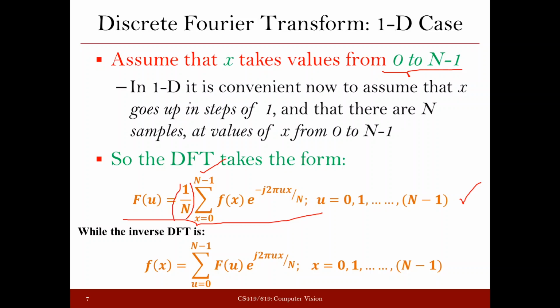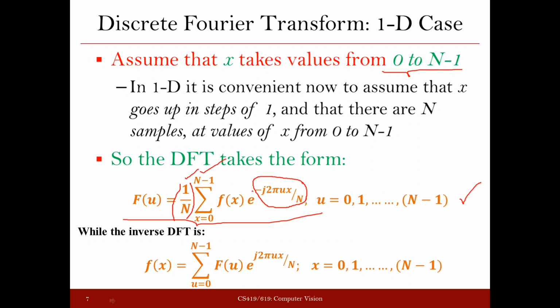Similarly, earlier it was minus j2 pi ux, and there was nothing in the denominator, but here you have n in the denominator also. So these are the two differences: one is this 1 by n term appearing in front, and the other is that n is also appearing in the exponent.